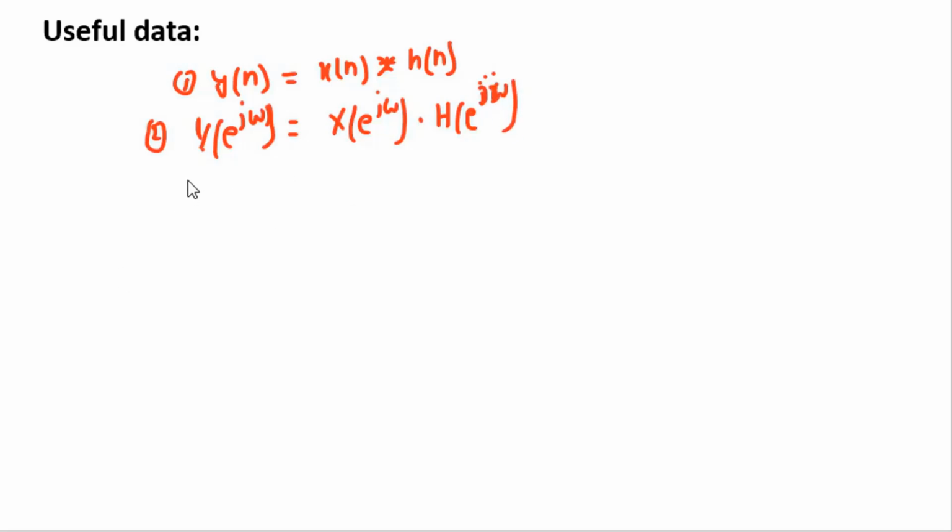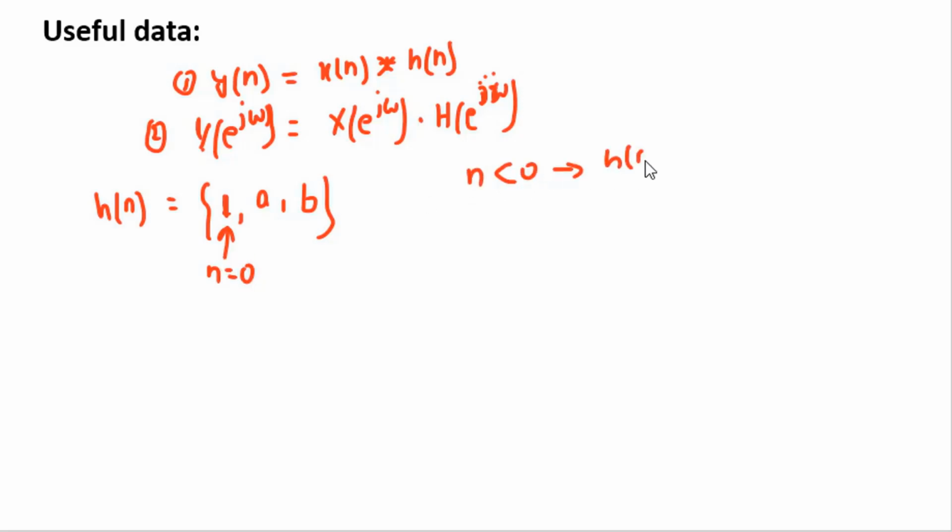Okay, so you are given that the filter h of n equals 1, a and b, starting from n equal to 0, and for n less than 0 the h of n is 0, and for n greater than 2 h of n is 0.